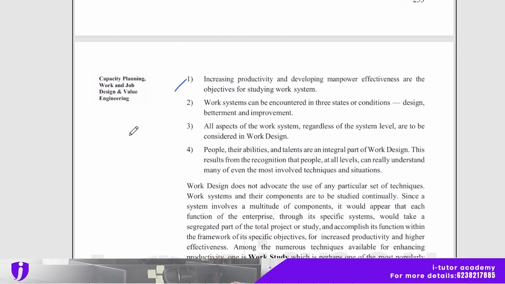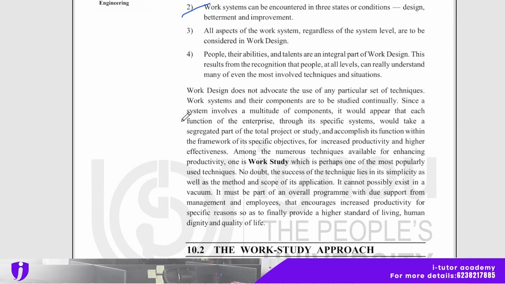Increasing productivity and developing manpower effectiveness are the objectives for studying work systems. Work systems can be encountered in three states or conditions: design, betterment, and improvement. All aspects of the work system, regardless of the system level, are to be considered in work design. And people, their abilities and talents, are an integral part of work design.